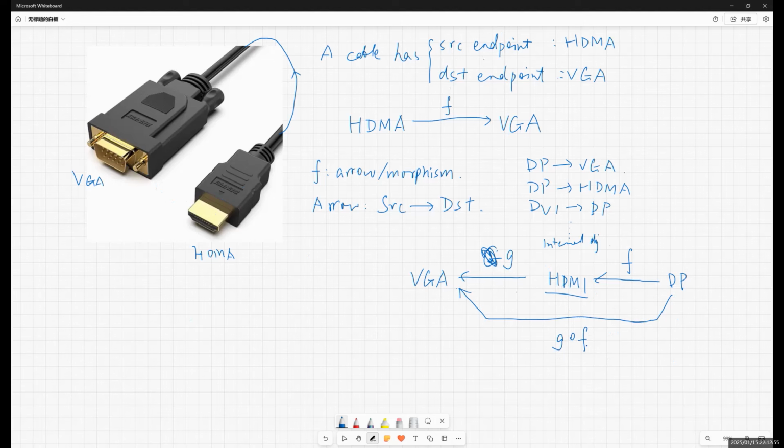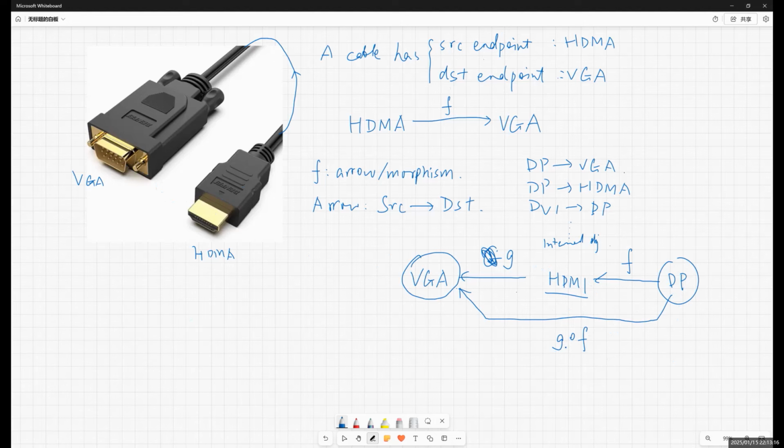The composite arrow has a source endpoint DP and a destination endpoint VGA, and we can ignore the HDMI because it was in the details.